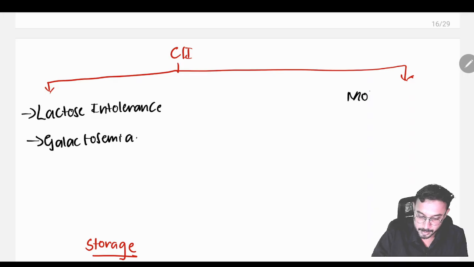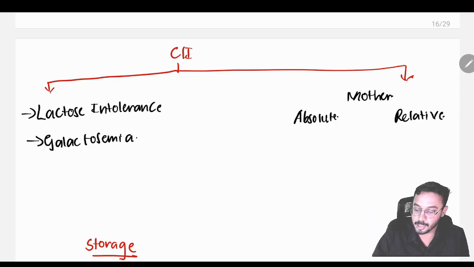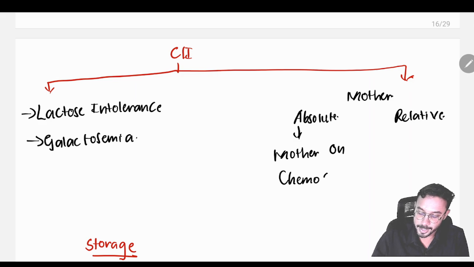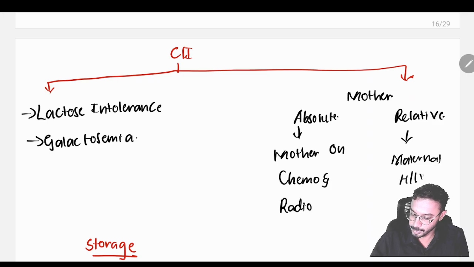In the mother, there is absolute contraindication and relative contraindication. In absolute contraindication, the mother is on chemotherapy or radiotherapy. Relatively, maternal HIV or TB.